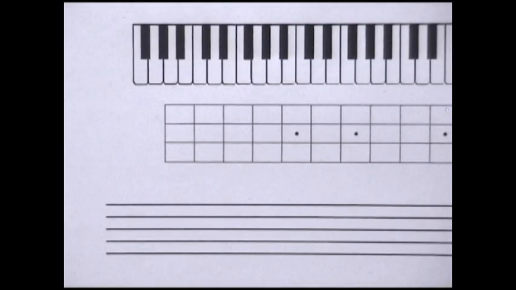The interval of a second on the staff to give us our number is from space to line or from line to space.